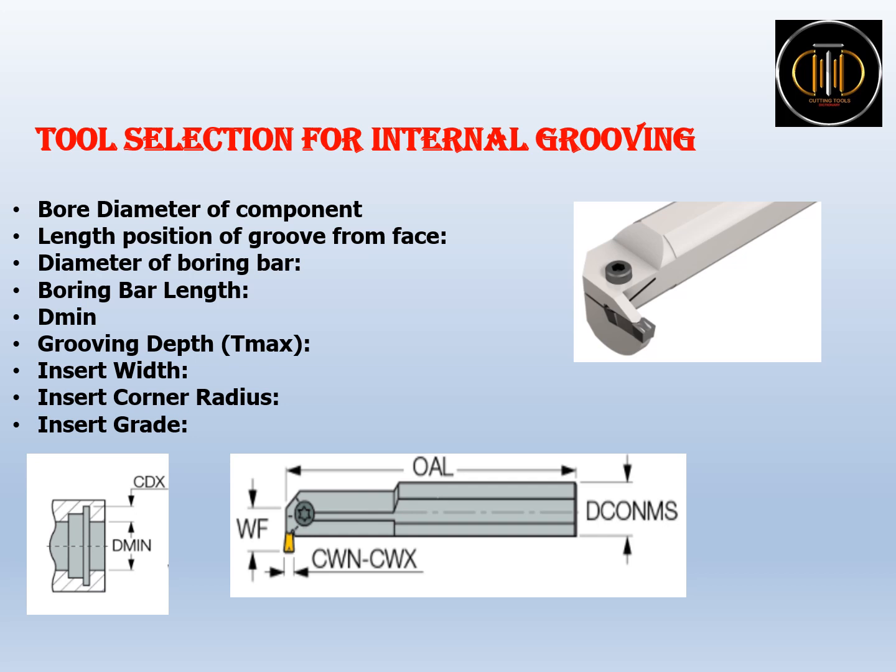How far inside the bore is the groove? That is important, because with that you can select the overall length of the tool. Diameter of the boring bar, and D-min, that is very important. Then grooving depth, insert width, insert corner radius, and insert grade.